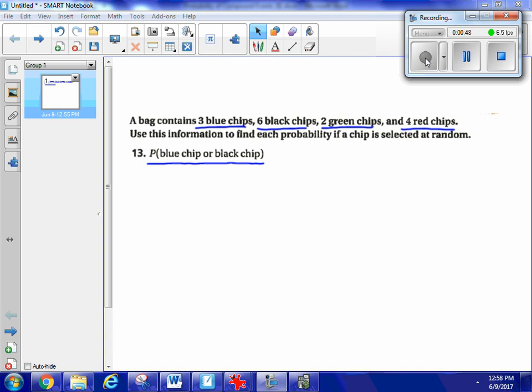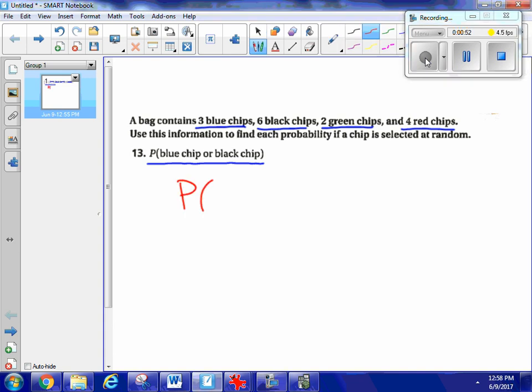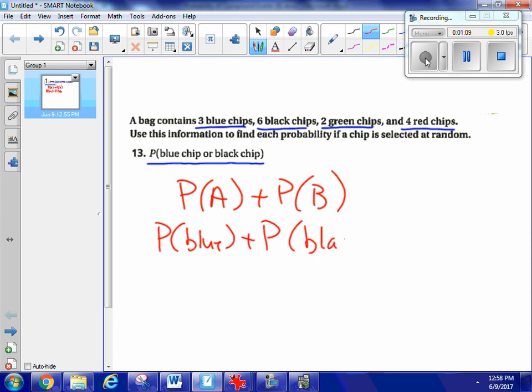It is mutually exclusive. So the formula that I'm going to use is the probability of event A plus the probability of event B. Well, let's use better terminology here. Let's go probability of blue plus probability of black. And you need to get used to this notation.